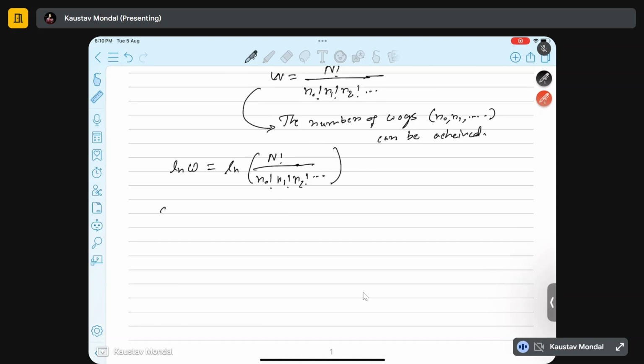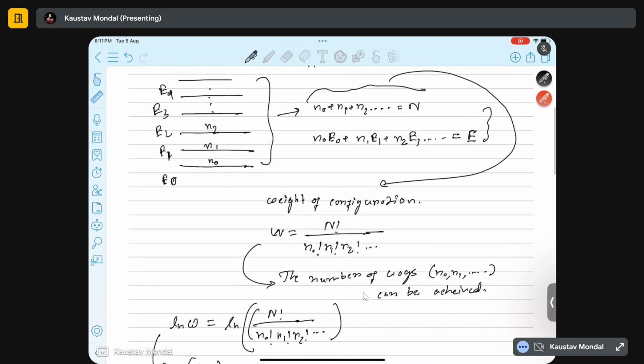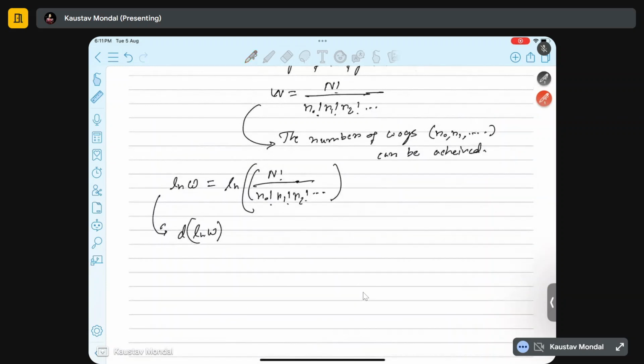Then, in order to find the maximum, we have to do the derivative, right? So we take the derivative of ln W, and we also impose the two constraints, constraint number 1 and constraint number 2, into this equation.